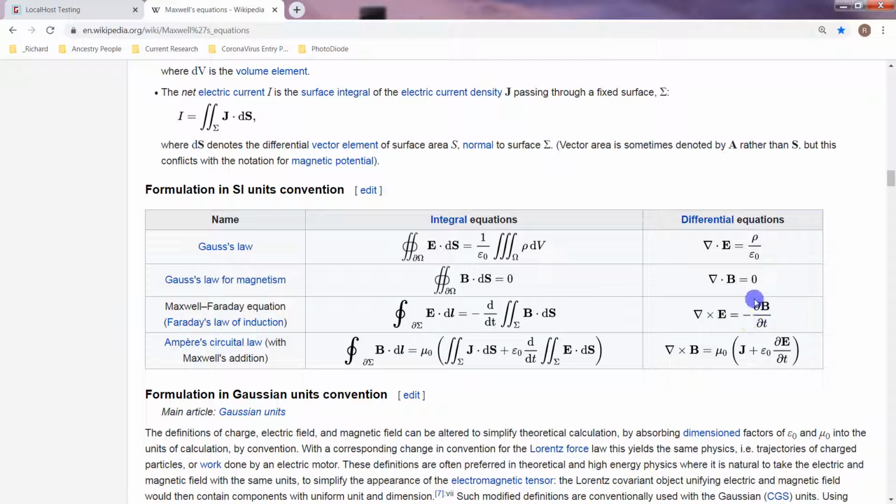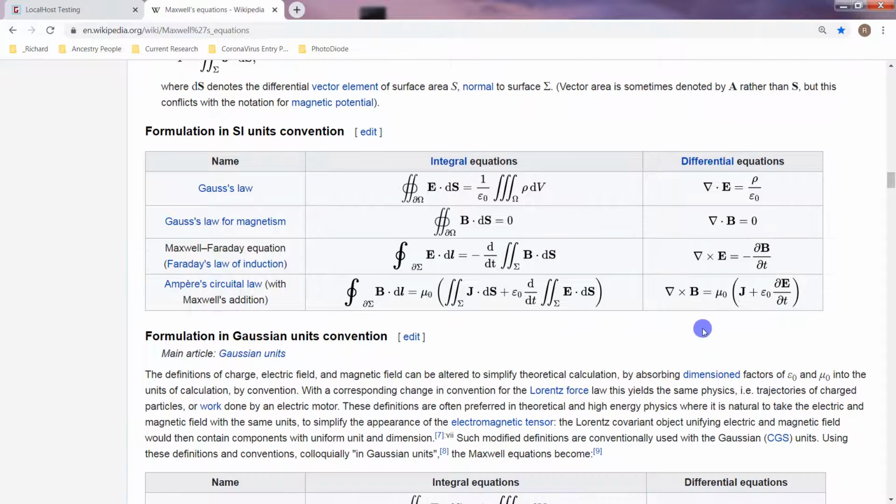So for all of these units, the curl of B is in Tesla per meter. Mu naught is in henries per meter. J is in amperes per meter squared. Farads per meter, volts per meter per second.